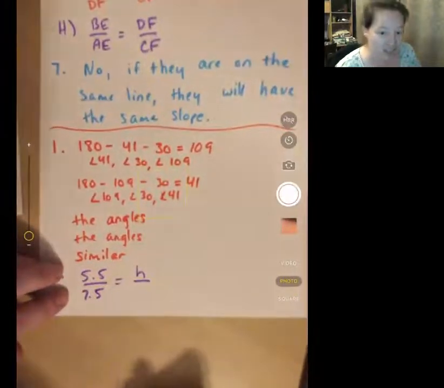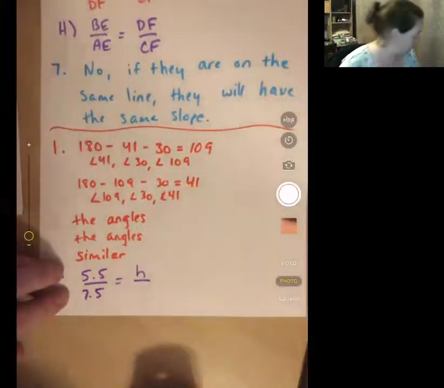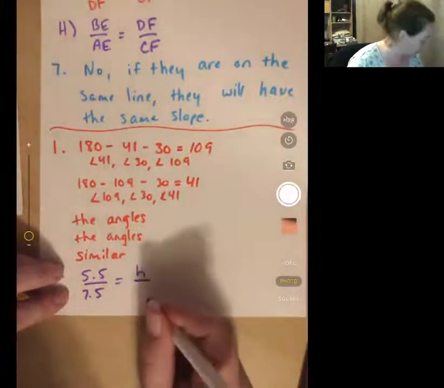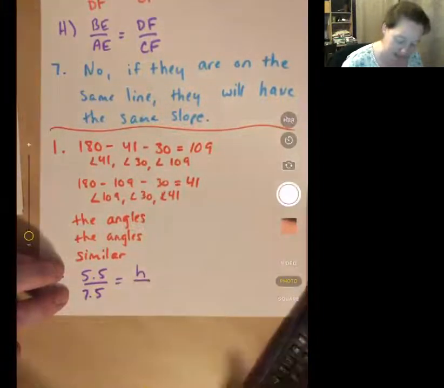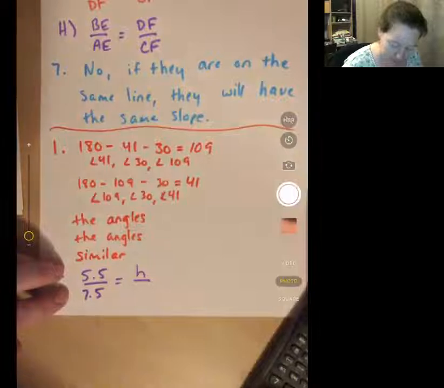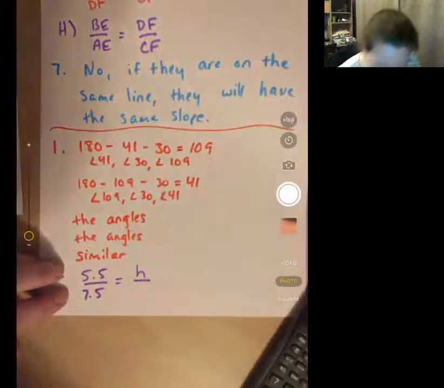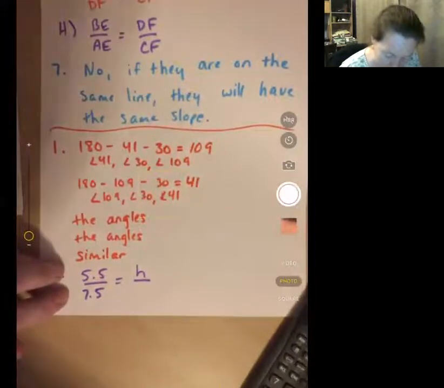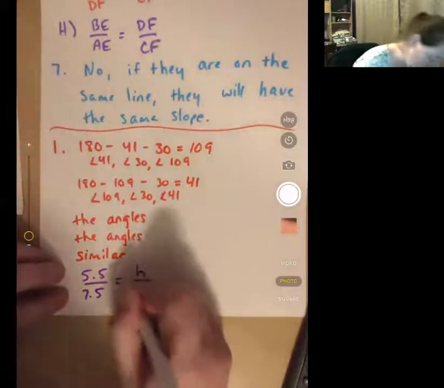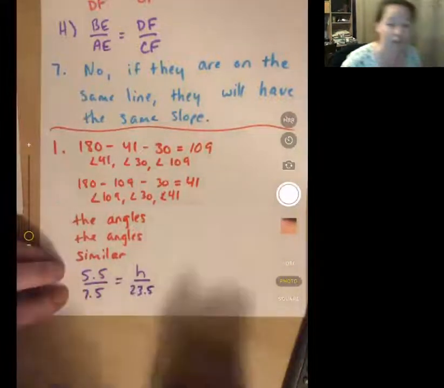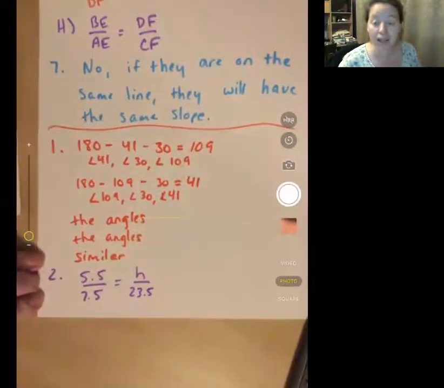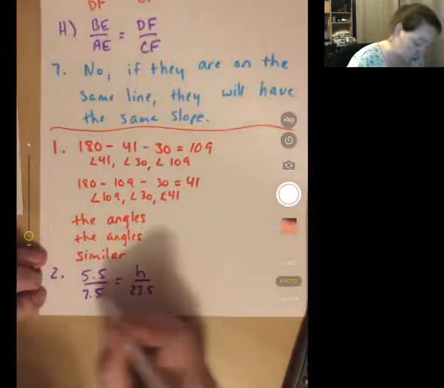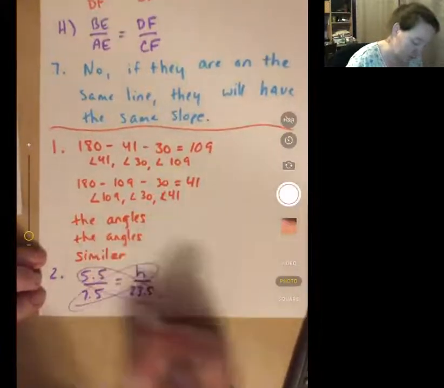The thing that we do not know how tall it is, the flagpole, is 16 plus 7.5 feet away because it is the entire distance away. So it is 23.5 feet away. I am going to use cross multiplication.